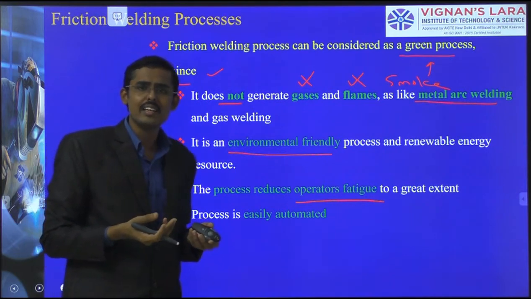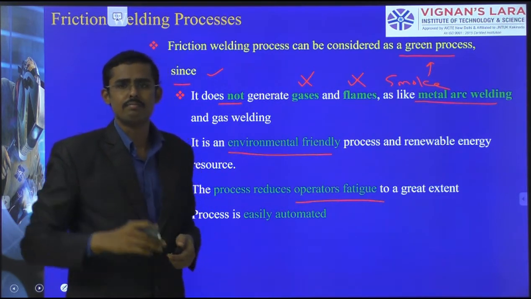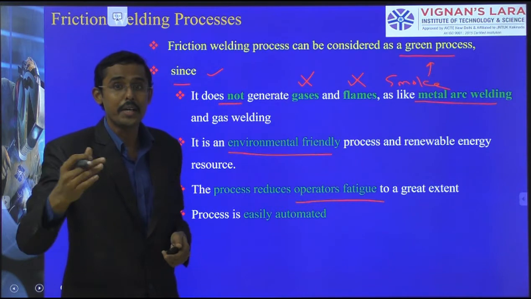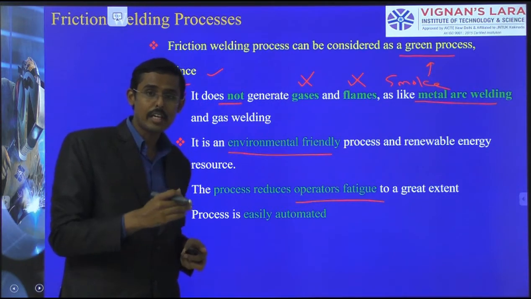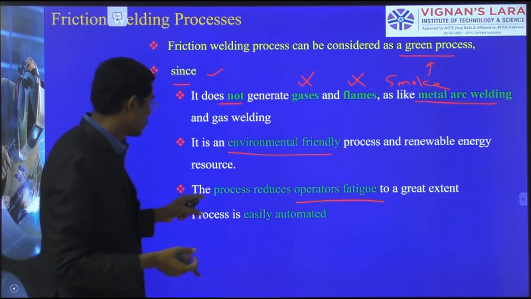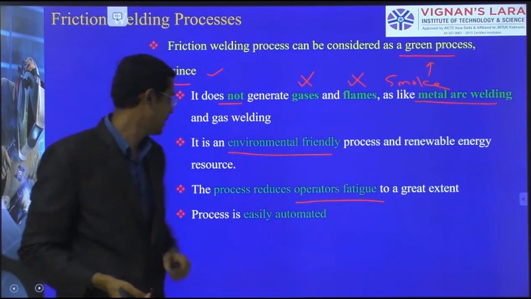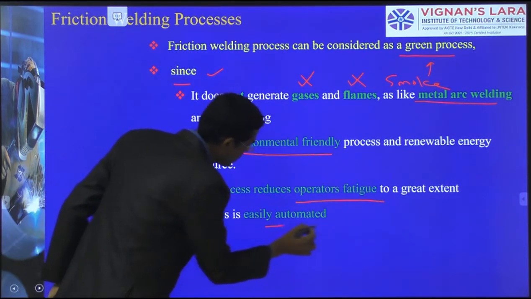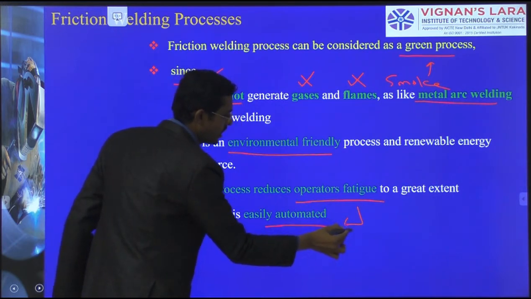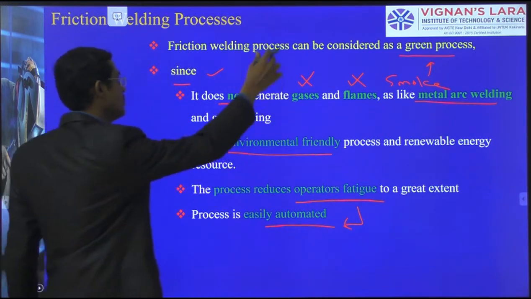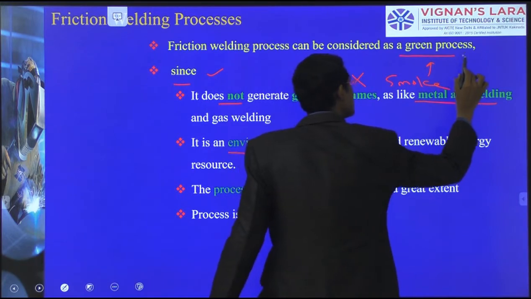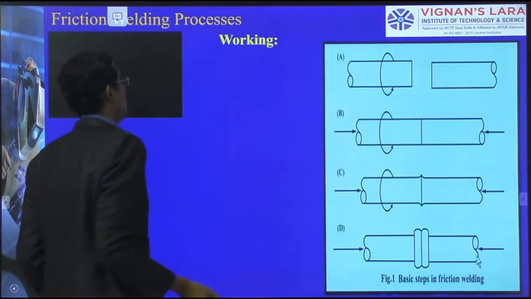So that is less work for the welder. The welder becomes the operator. So the process reduces the operator's fatigue to a great extent. The process is easily automated. Therefore we consider this a green process.